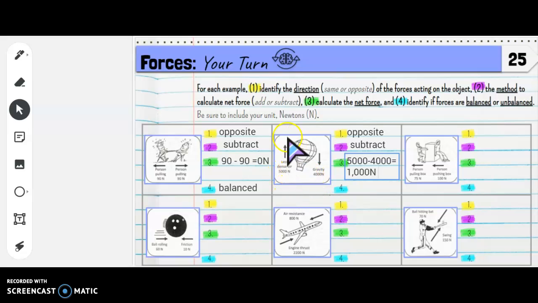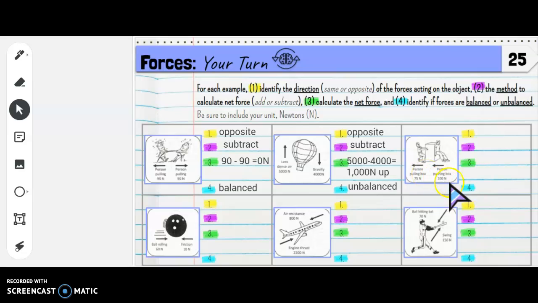And the greater force is pushing up, so it's 1,000 newtons up. Since our force is 1,000, that means the forces are unbalanced in this example.